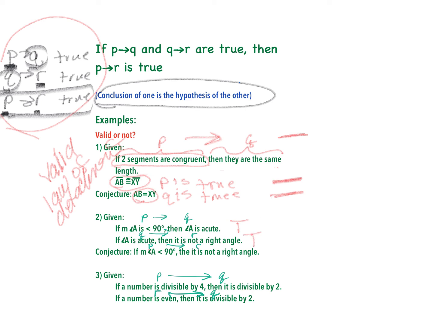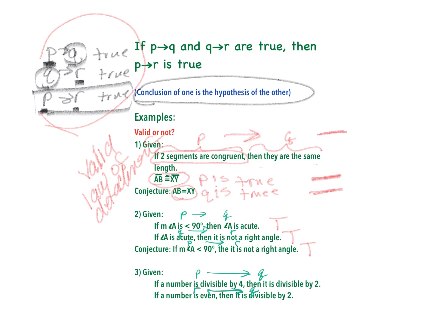That's true. So my conjecture then is also true, because that's what the law of syllogism says: if these two things, then that thing. So this again is valid by the law of syllogism.